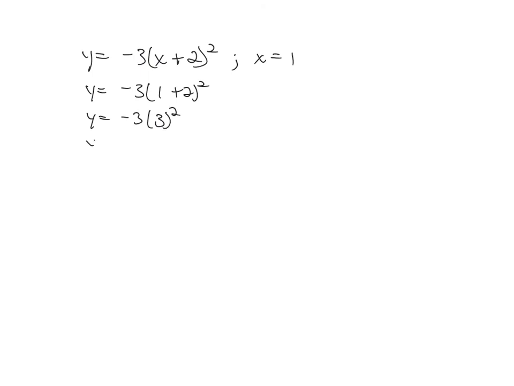You could have a negative 3 in the front, and you don't have to have a plus or minus something at the end. So negative 3, 1 plus 2. Do the 1 plus 2 parentheses first. 3 to the second power is 9.